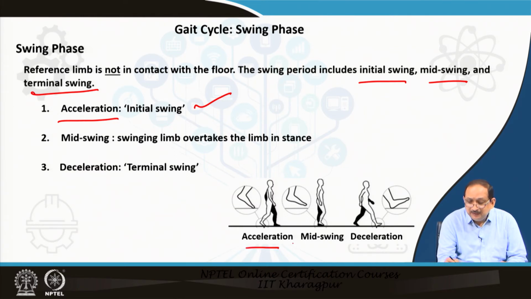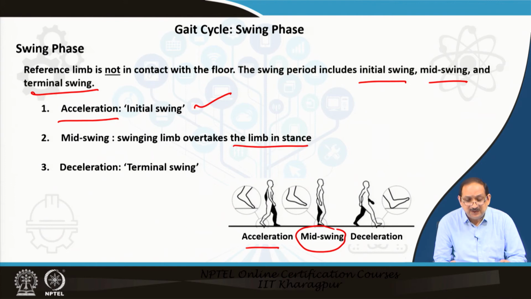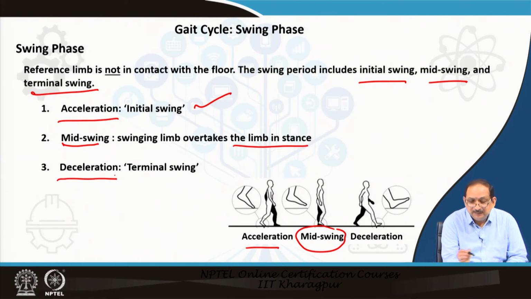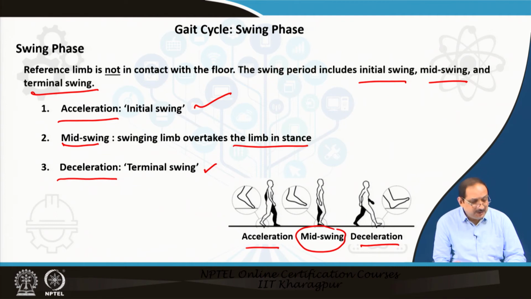In the mid swing, the swinging leg overtakes the limb which is executing stance phase. Finally, it is decelerating, which is designated by the terminal swing phase.